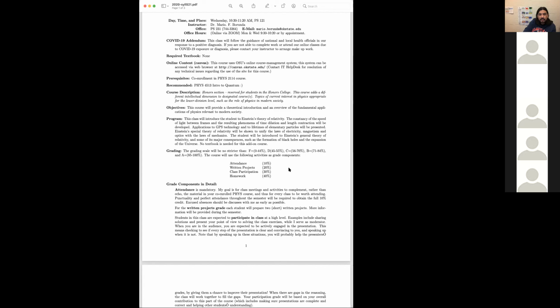And the general theory is from 1915. So in 1915, it took him 10 years to figure out how to put together what he had figured out for light, but now for gravitation. And it has some major consequences. For instance, black holes, the expansion of the universe, all of that really cool stuff that maybe you guys are interested in.